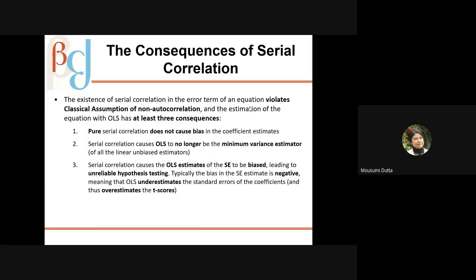And we need to learn several tests by which we will be able to detect autocorrelation. In case of heteroscedasticity, we discussed a number of tests: Glejser test, Goldfeld-Quandt test, Ramsey RESET test, Breusch-Pagan-Godfrey test, different types of tests by which we will be able to detect the heteroscedasticity problem. In the context of autocorrelation, we will learn about the Durbin-Watson technique, the DW technique, to detect the problem of autocorrelation.